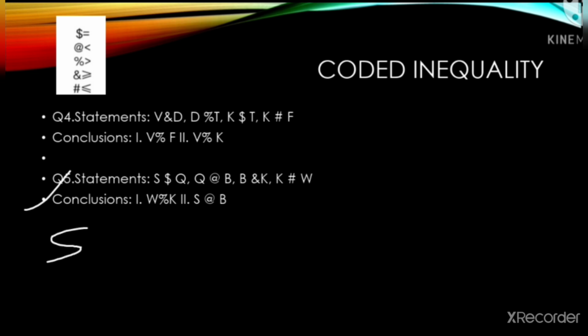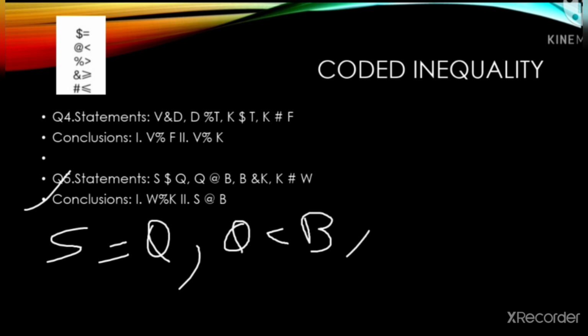S $q, dollar stands for equal to q. Next is q at the rate symbol says it is smaller than b. Fine. Next is b and k, and stands for greater than or equal to.